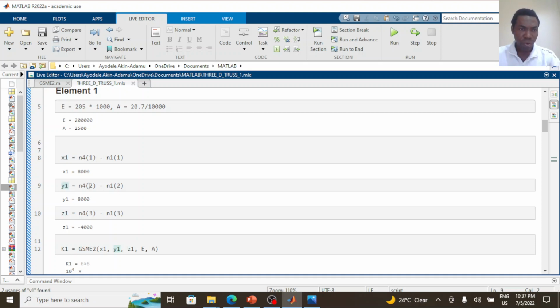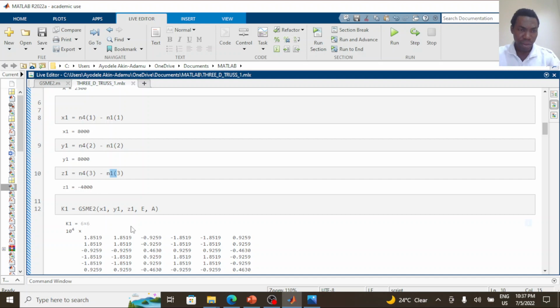For y1 we just call the second position, n4 minus n1, calling the second element in the vectors. We do the same thing, but here we are calling the third element. The third element in the vector represents the z value.